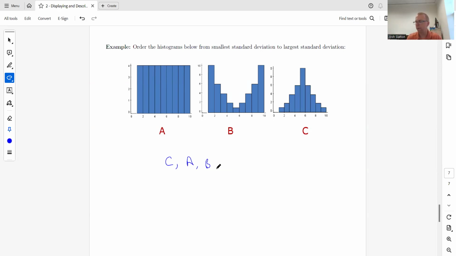Okay, so that's it. I'm going to find a YouTube video and we'll learn some things on the calculator. You need to be able to use the calculator to calculate median, mean, standard deviation, the quartiles, and on and on.